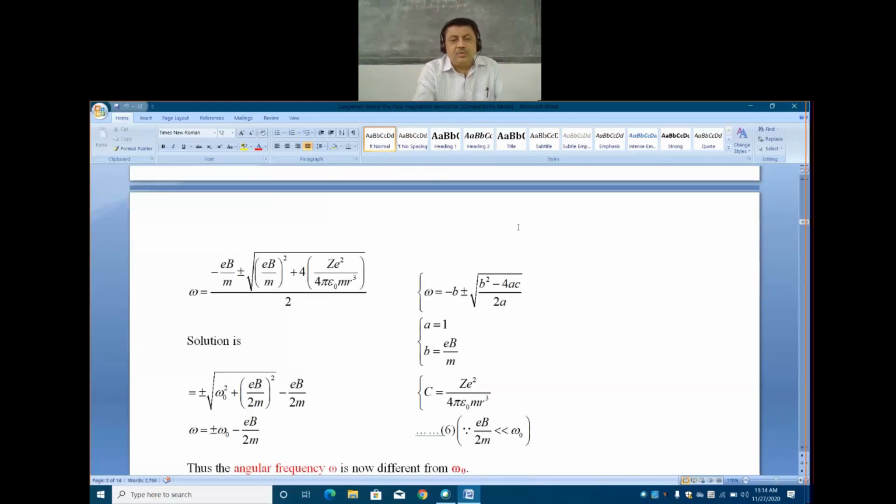We know that omega is equal to minus b plus minus root of b square minus 4ac by 2a, which is the standard form.